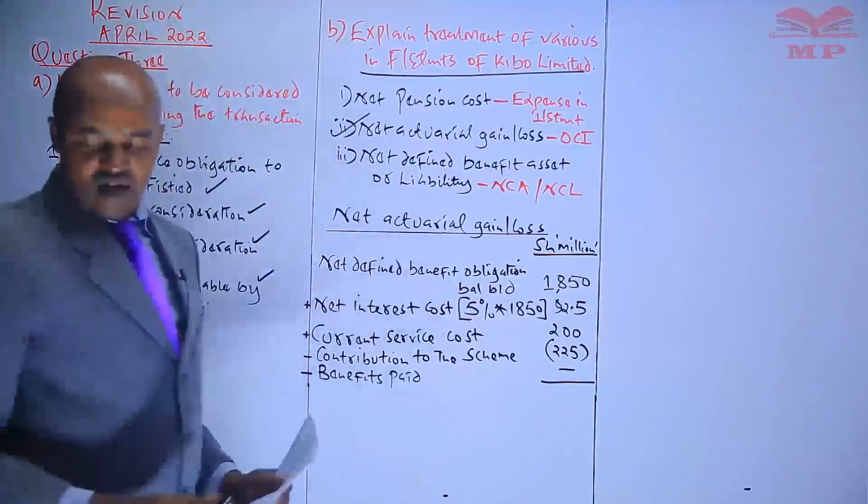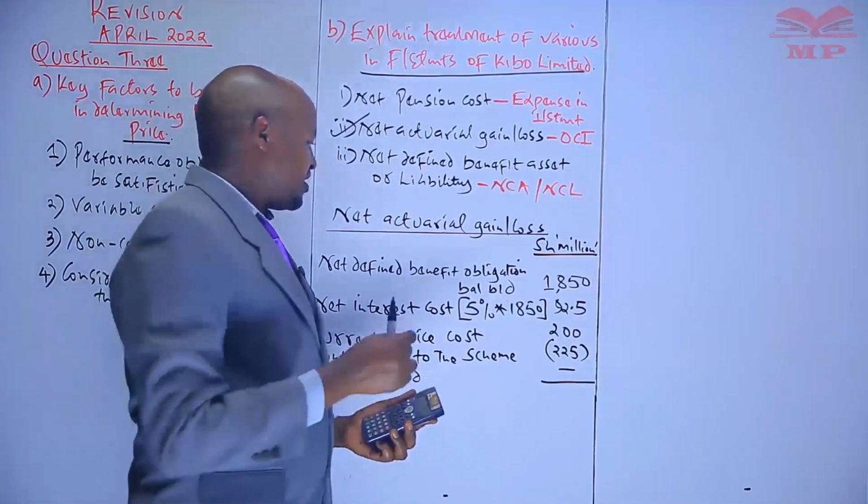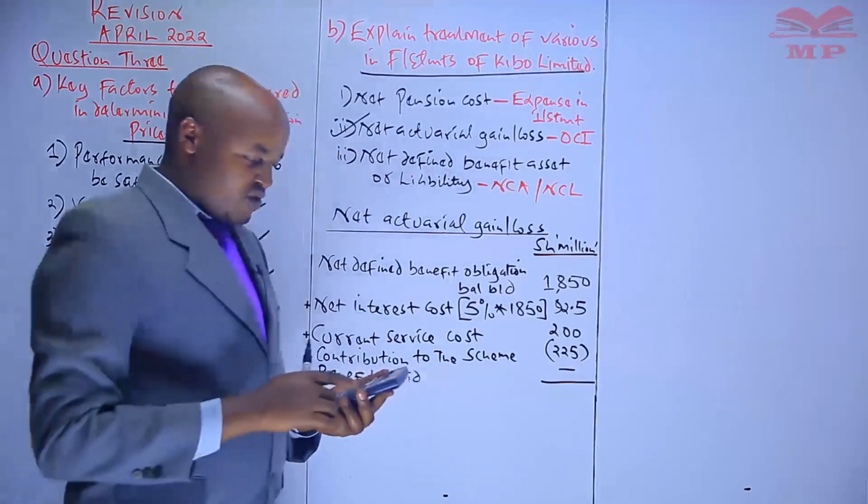Then what we need to do is to get what we refer to as the expected net defined benefit obligation at the end of the year.